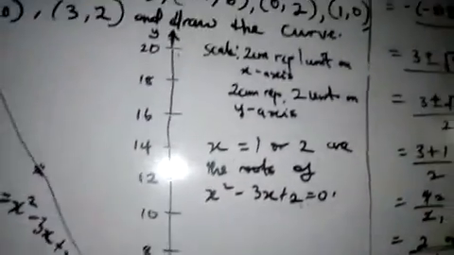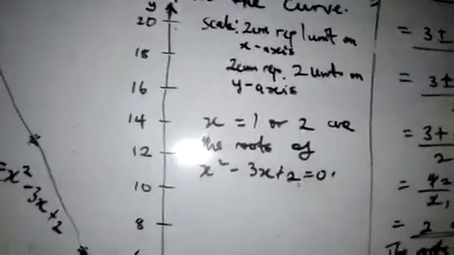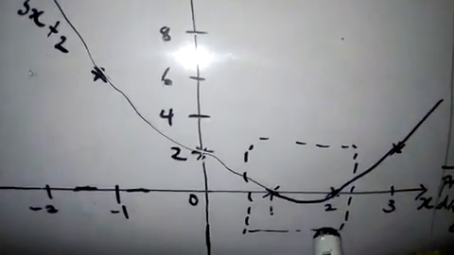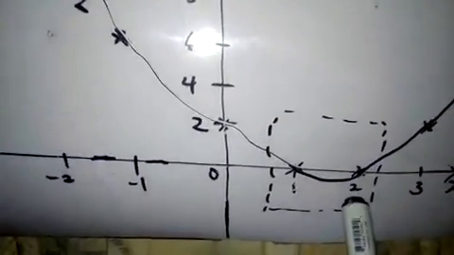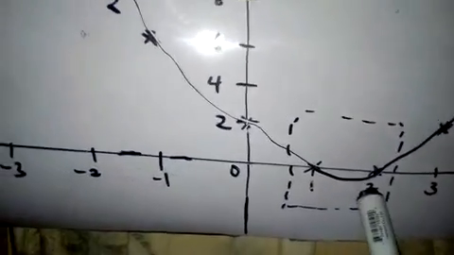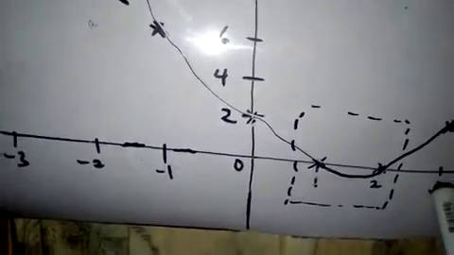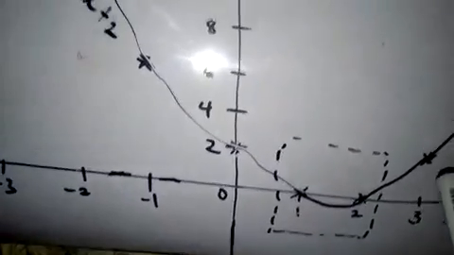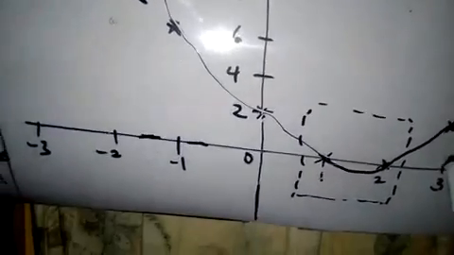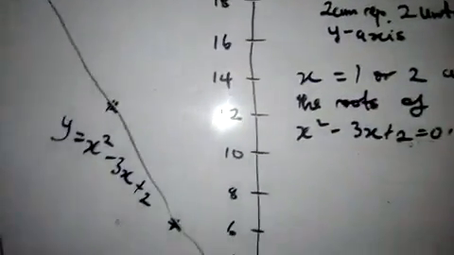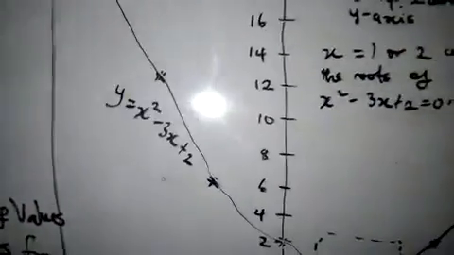Then we have also 1 and 0. This is 1 and 0, we mark it out on the line. So we also have 2 on the x-axis and 0 on the y-axis. Then we also have 3 and 2. So with that, we have been able to map out those points of intersection, the coordinates for our graph.